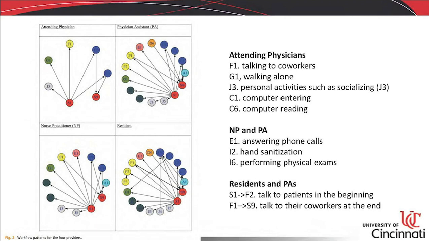So you can see, attendings tend to talk to coworkers when they jump into the process and then do the entry at the end. NPs and PAs are more likely to sanitize their hands. I'm not sure if it's a common thing, but it's interesting compared to physicians. And then residents, they talk to patients and likely they will check with their attendings before they leave.